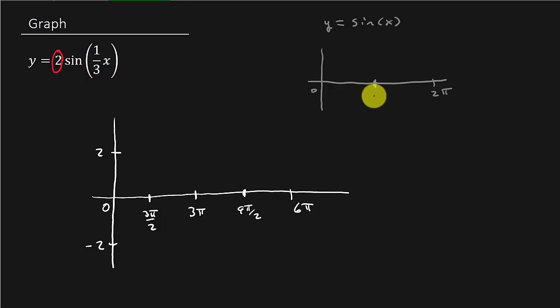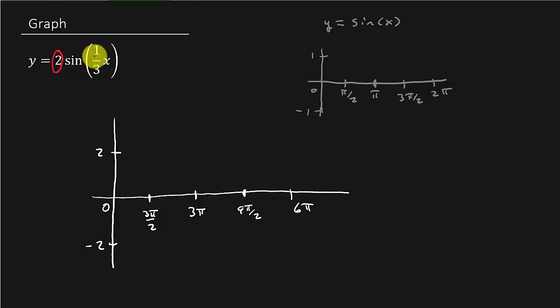The midpoint here is pi. The midpoint between pi and 2 pi is 3 pi over 2. And then the midpoint here would be pi over 2. The largest value would be 1 and the smallest would be -1. So this is for just a basic sine x, with no 2 in front or 1/3 in front of the x.